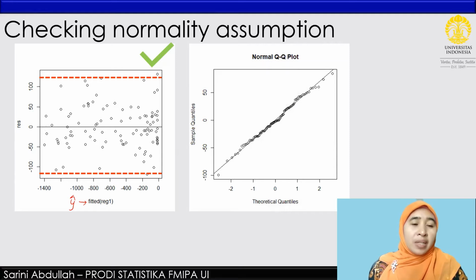Another way of doing this is through the normal QQ plot, because people usually tend to be more subjective when they are doing this scatter plot, when we say we don't expect any trend.